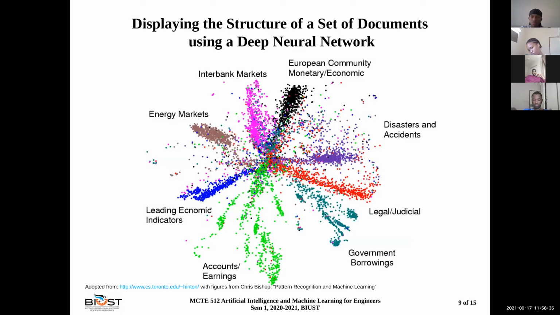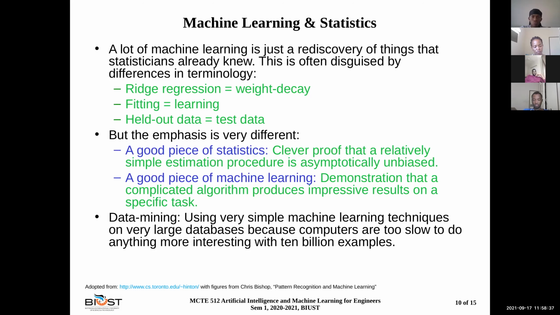Okay. Anyway, so let's go from here. In terms of machine learning and statistics, I'll leave it up to you to read through this one, because machine learning can be very similar to statistical approaches. In fact, many people consider it statistical, because the methods of machine learning or artificial intelligence are just estimates, and statistics is all about probability and estimates.